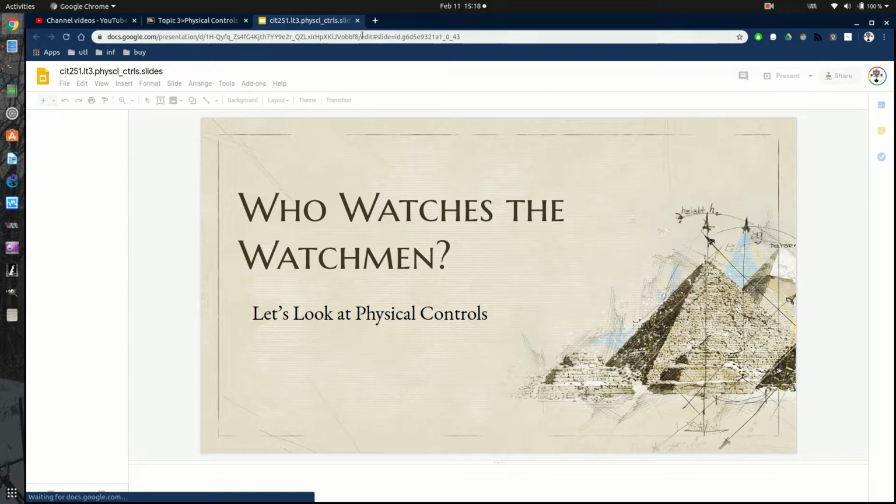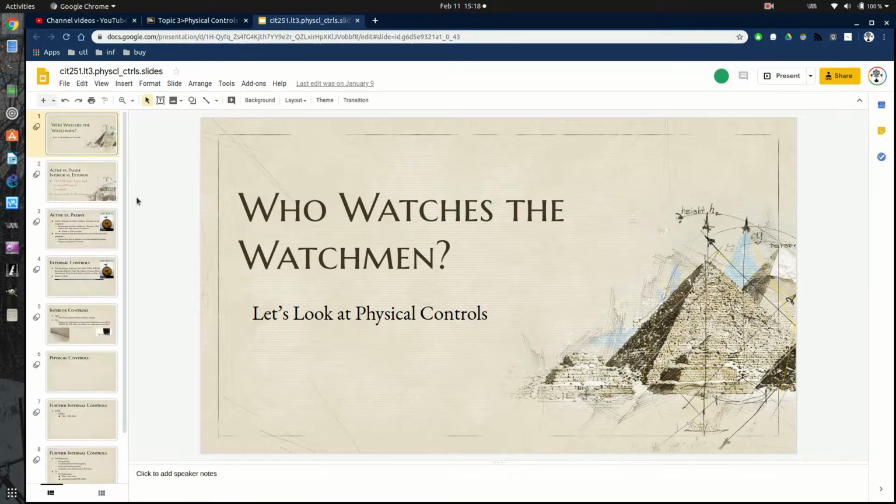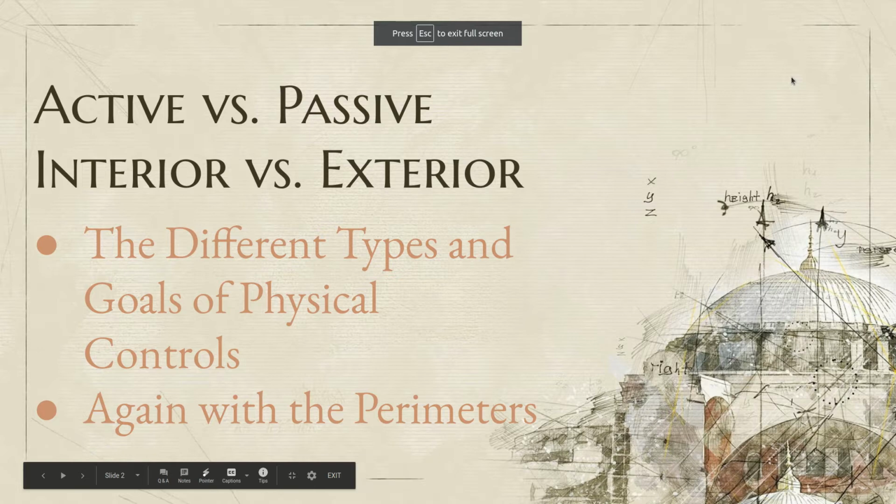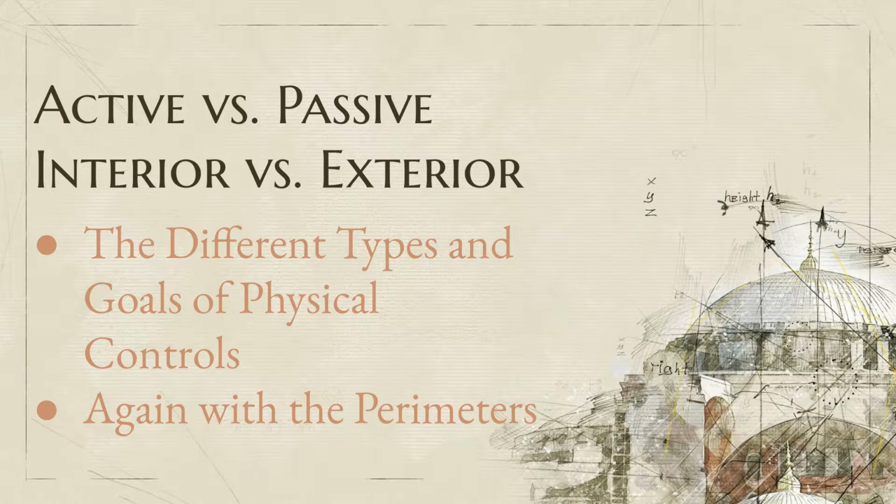We're going to look at physical controls as the third category again. We talked about administrative controls, in which something administration or business management can do, and we also talked about technical controls, which are technical things we can do to secure our network.